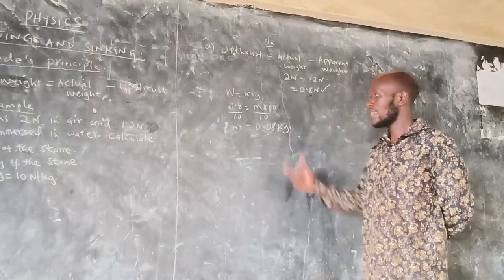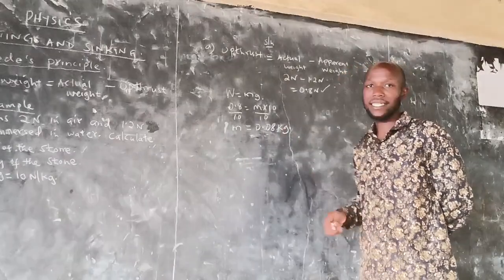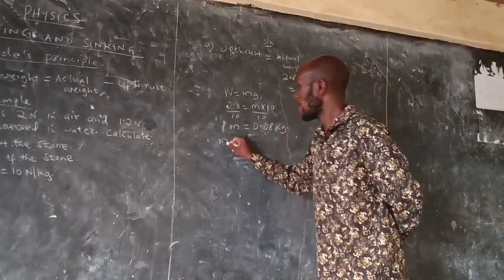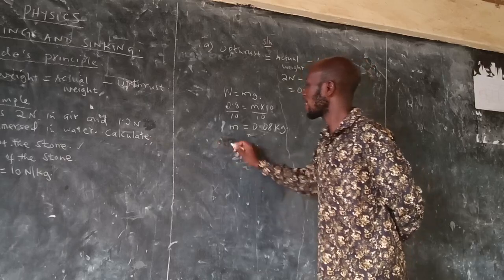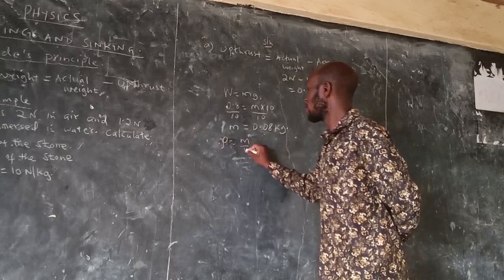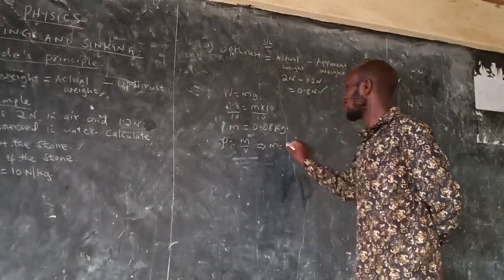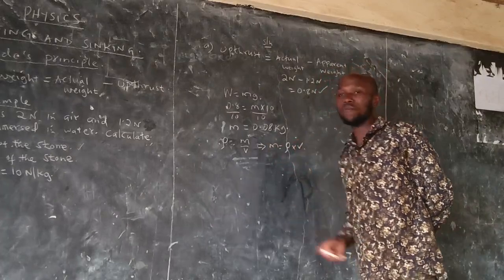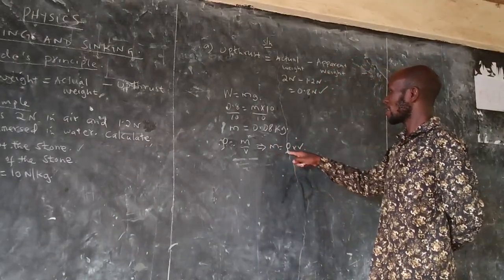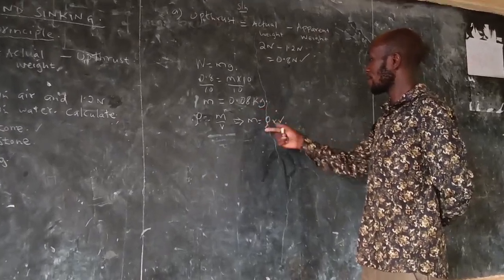Therefore, the mass of the fluid that is displaced is 0.08 kilograms. Then we ask ourselves, we have mass, then how do we get the volume? We know very well that from the relation density is equal to mass over volume, this implies that mass is equal to density times volume. Therefore, using this relation here, we have mass, which is here.